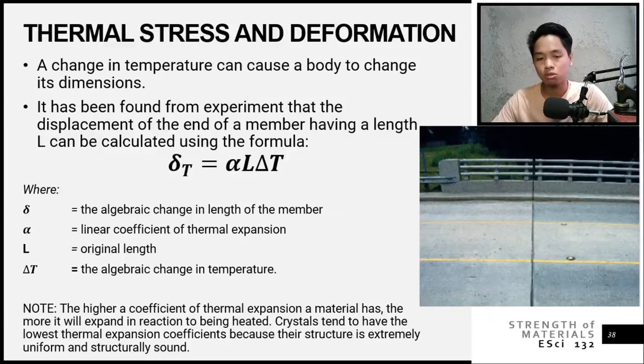That is also true if the temperature is lower. If it is colder and you measured 5 meters, your tape is too short; it should exceed 5 meters because your steel tape contracted. That is how you use the thermal stress and deformation formula.